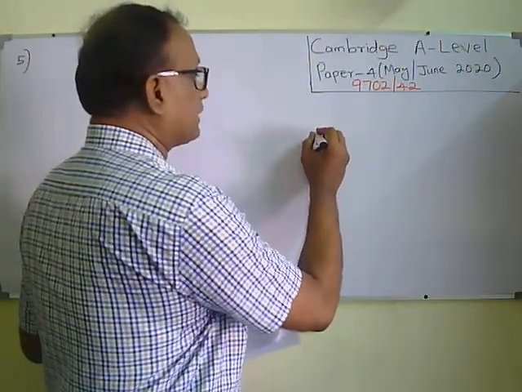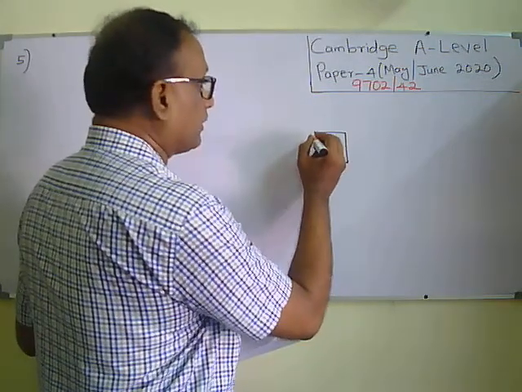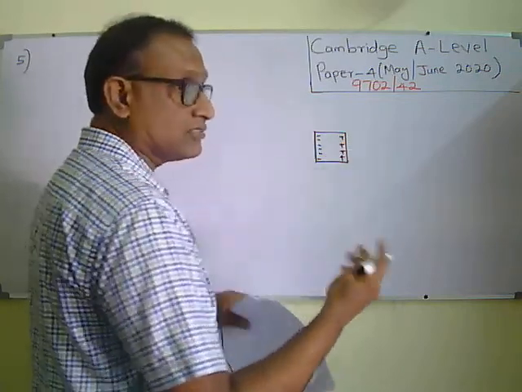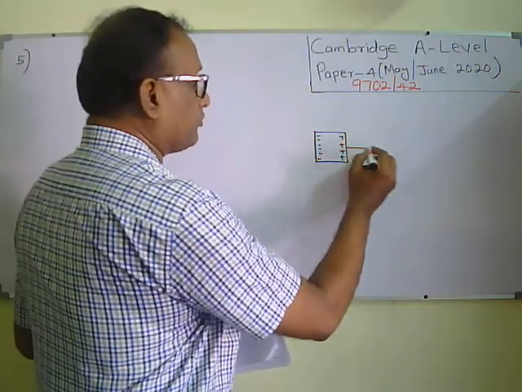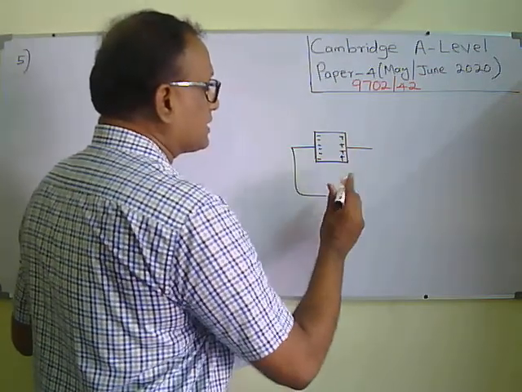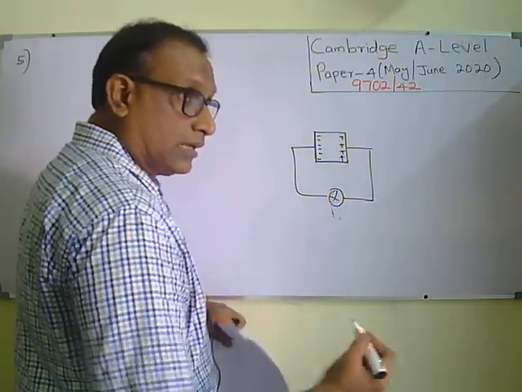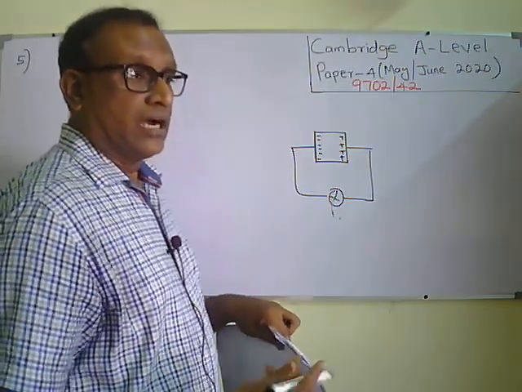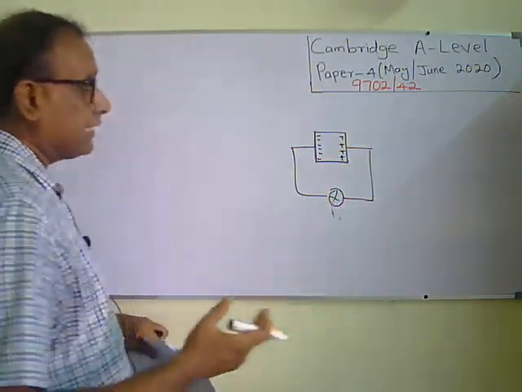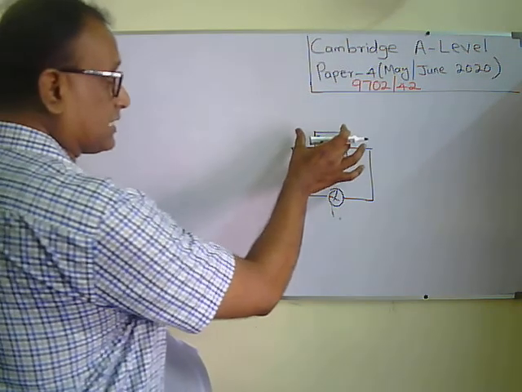Say if it is a two-dimensional crystal, if you compress or stretch, one side will become negative and the other one will become positive. The charges will be induced on the crystal. If you connect it to a circuit, the current will flow. In the same way, when you compress or stretch, either way, the charges will be developed and EMF will be induced across the ends.